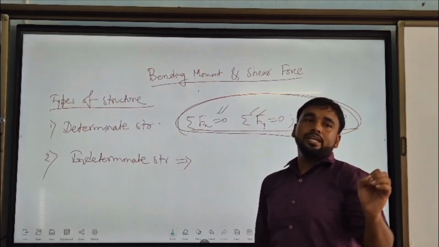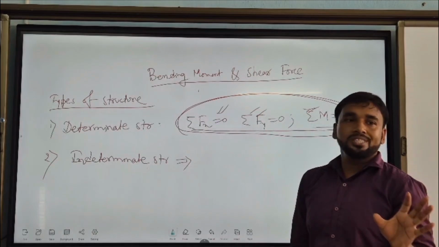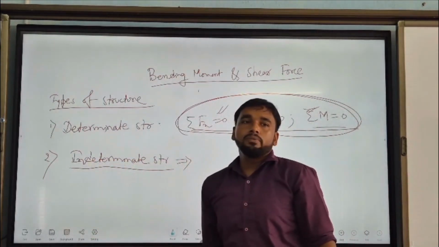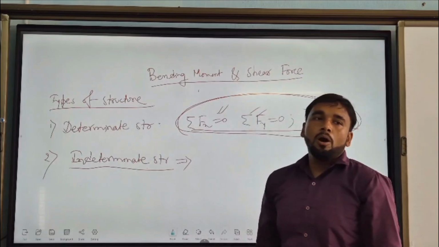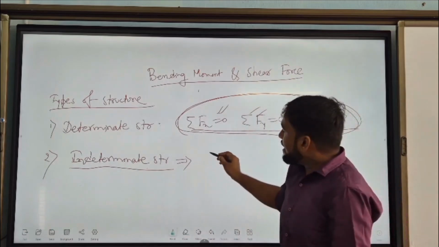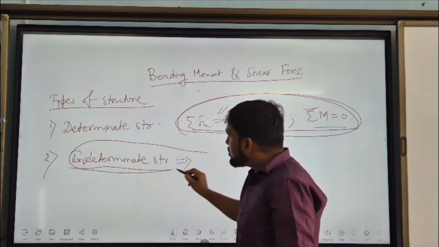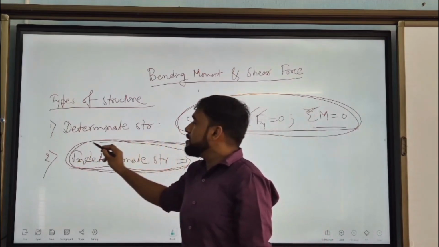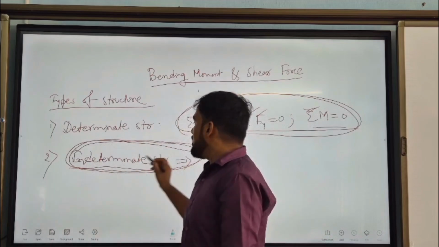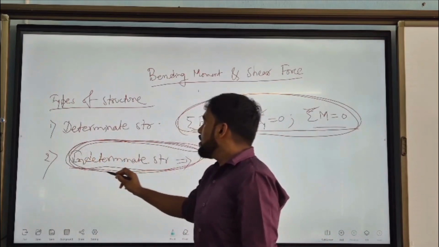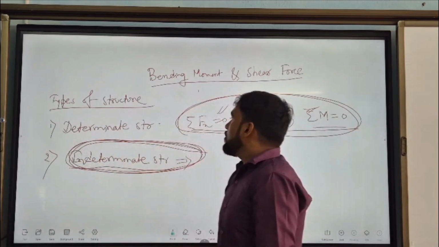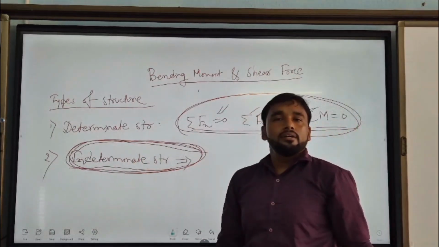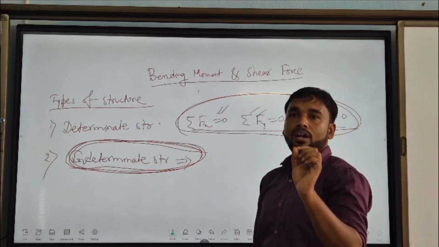So, this is a very simple thing. A determinate structure can be analyzed by the basic equations of static equilibrium, but an indeterminate structure cannot be solved by them. To analyze an indeterminate structure, we need some additional equations or compatibility conditions. Okay, I will discuss the indeterminate structure later on. The determinate structure may be a determinate beam, determinate column, whatever.